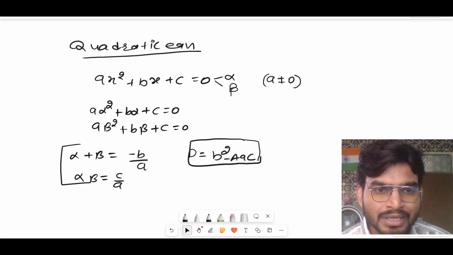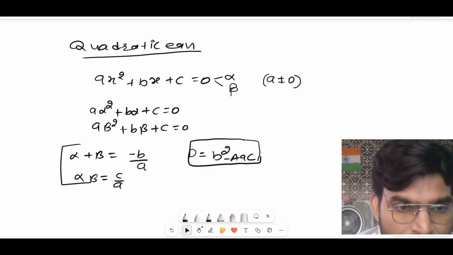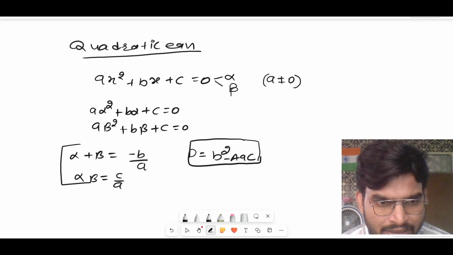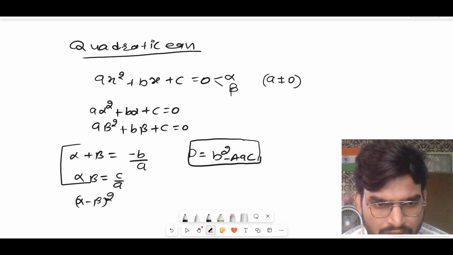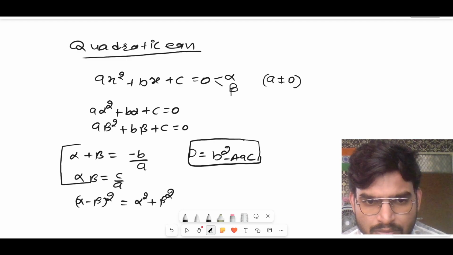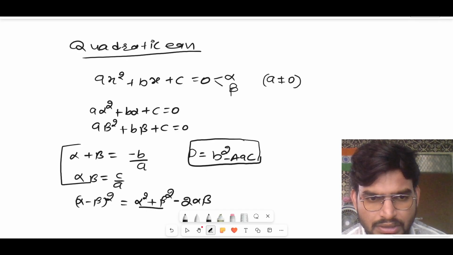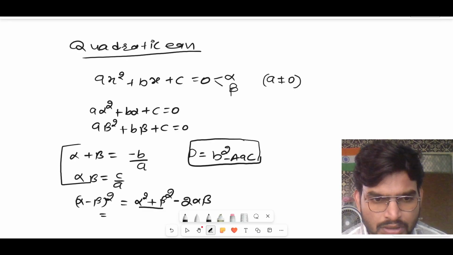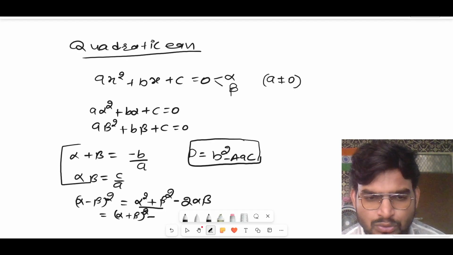So if we want to calculate the difference of the roots, then alpha minus beta whole square equals alpha square plus beta square minus 2 alpha beta, and we know alpha plus beta whole square minus 2 alpha beta, and minus 2 alpha beta gives minus 4 alpha beta.